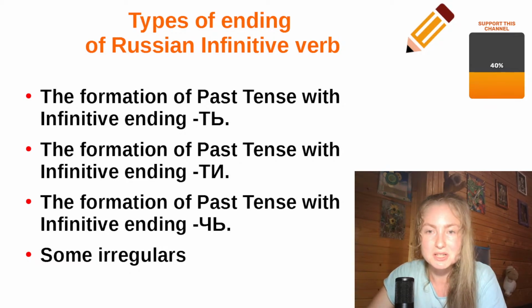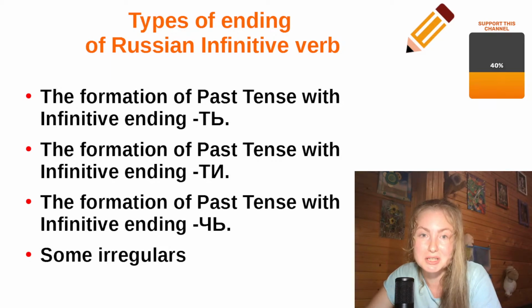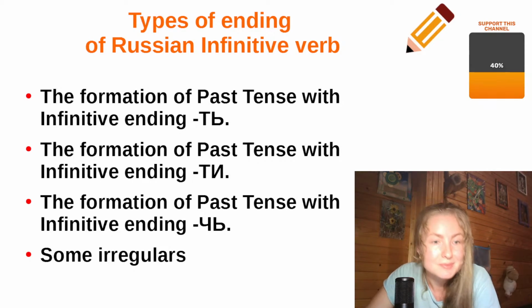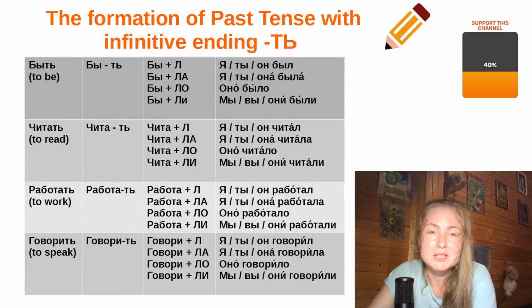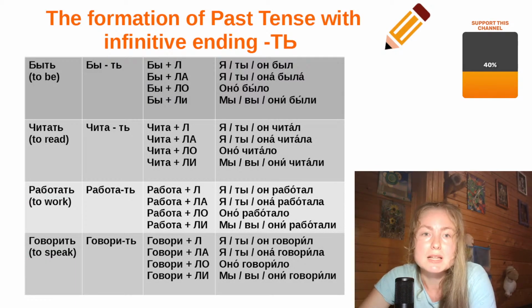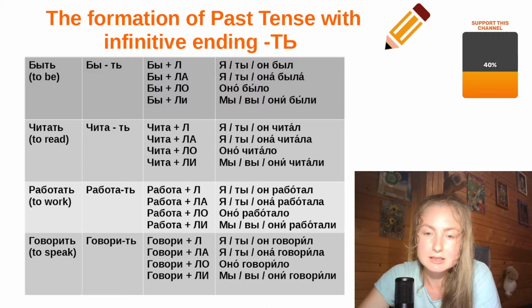And the first type from which we start today's lesson, it will be, of course, the most commonly used. It's infinitive ending «ть». So, now we will look at the formation of past tense with infinitive ending «ть».